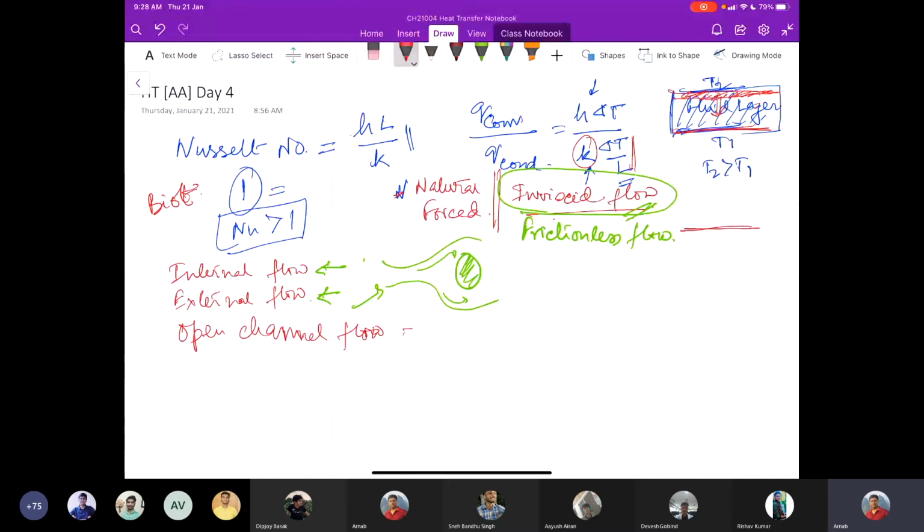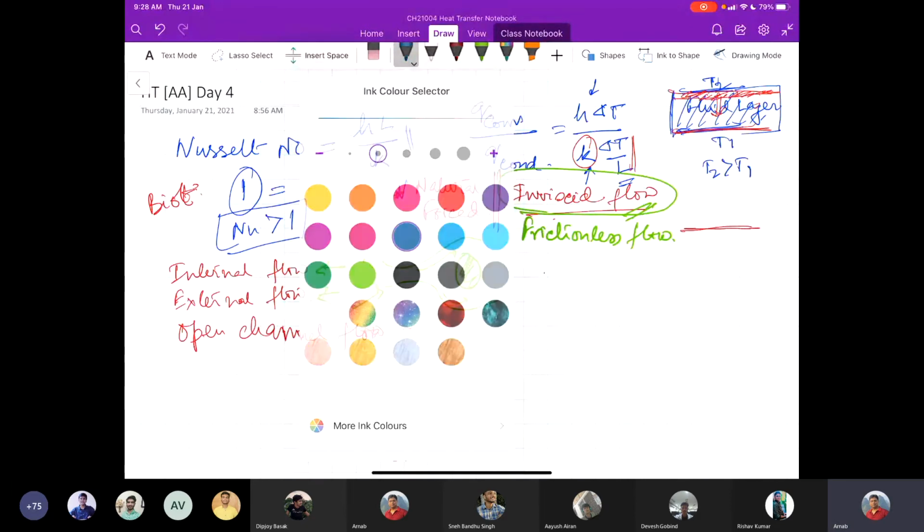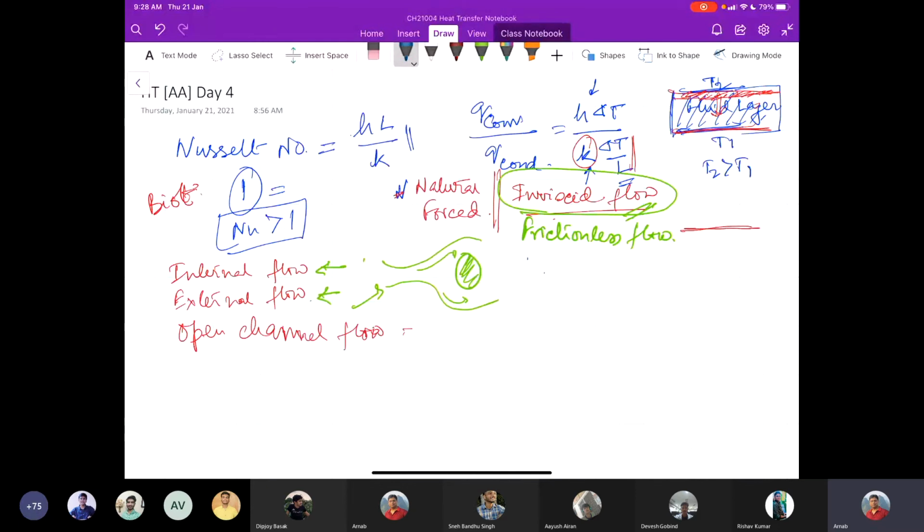From the top you can see that some flow is happening. So it's partially filled and there is one free surface. So the flow of water in a river is an example of open channel flow. Fine. Now coming to a very common terminology, compressible flow and incompressible flow.